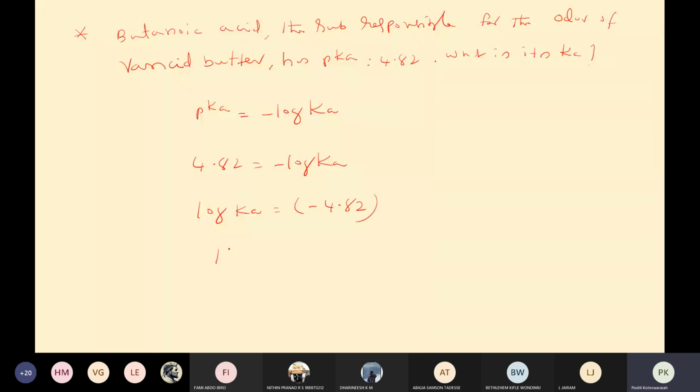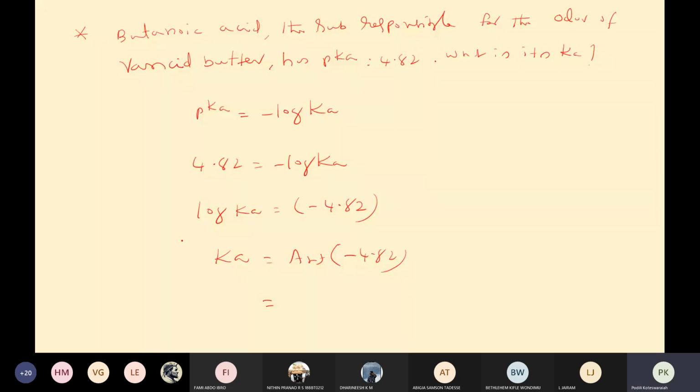Therefore, Ka is equal to antilog of minus 4.82. I think if you have a calculator, you can do this. So that is the Ka value. I think it will come to 1.51 times 10 to the power minus 5.